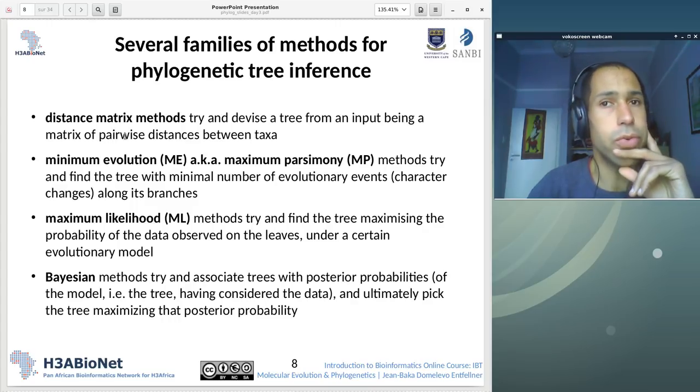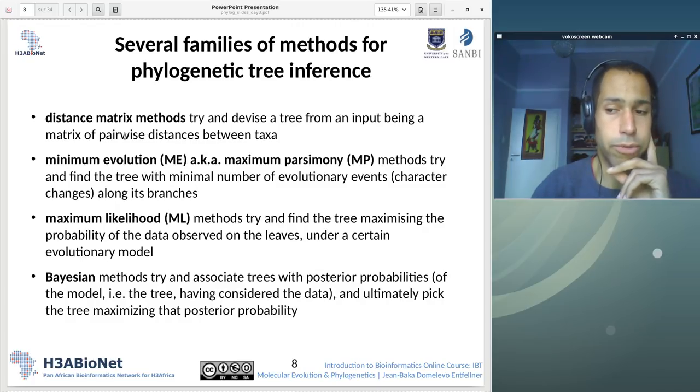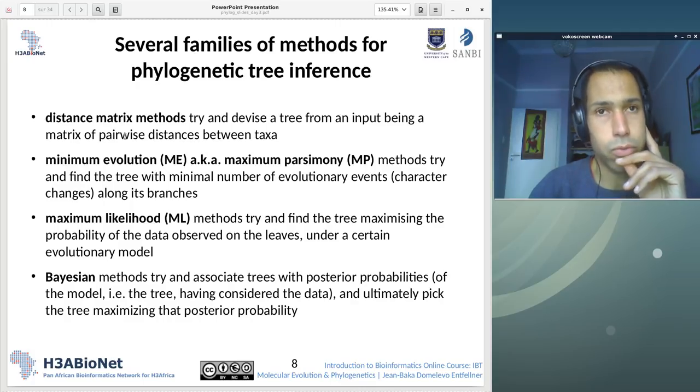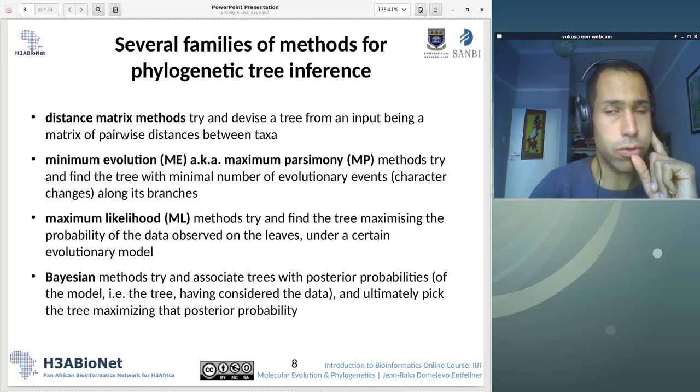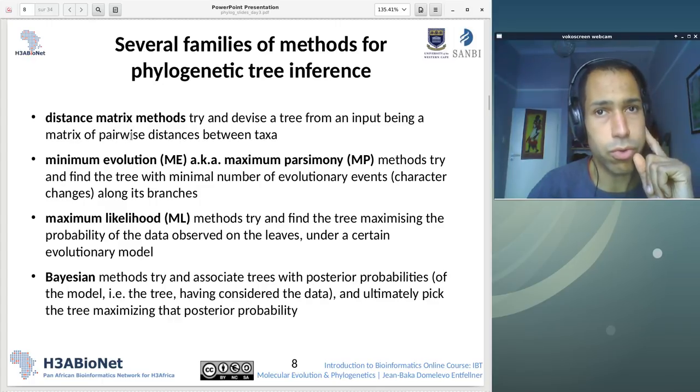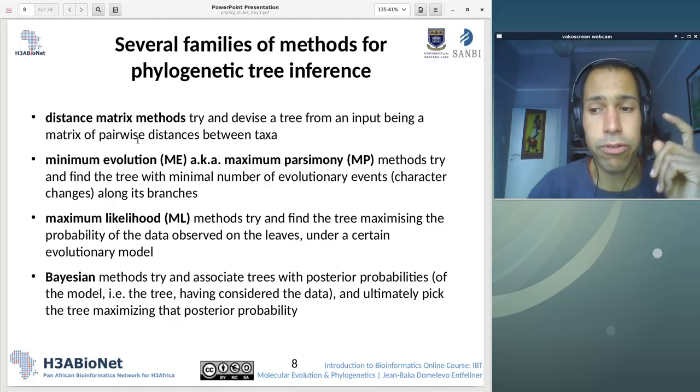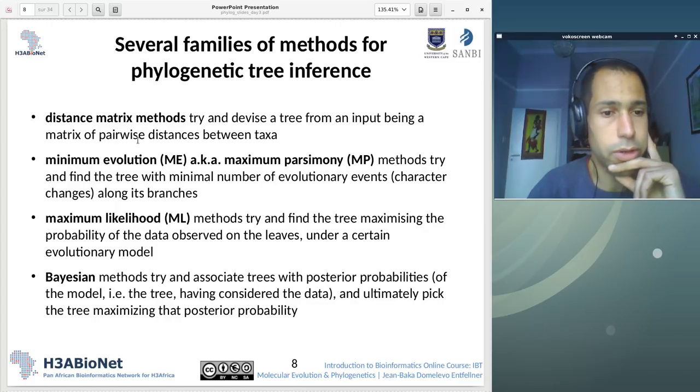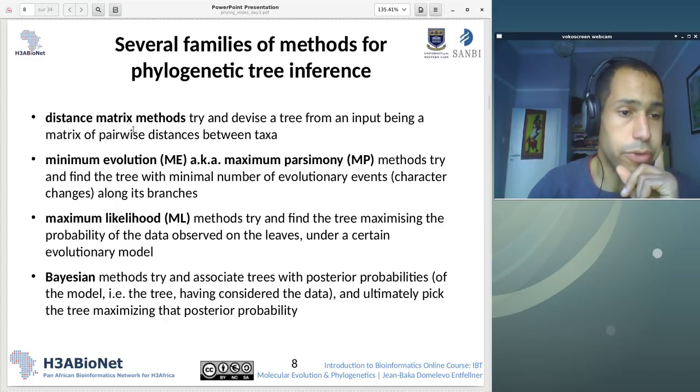Okay, so if you have n taxa, you would have an n times n matrix of distances, and most usually your distances are symmetric, so you can have only half this matrix. And from these distances between taxa, you're going to try and design the best tree. So we're going to see some of these methods today.